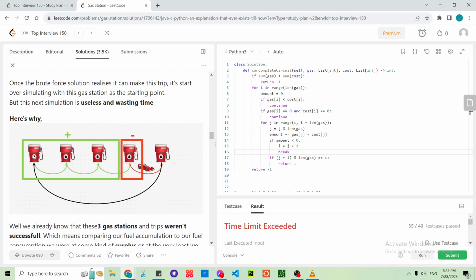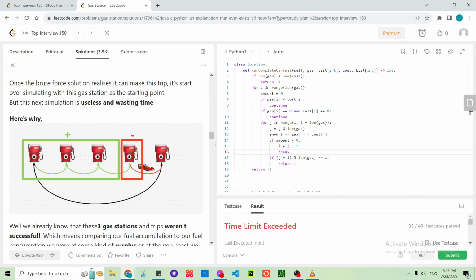Because what if one of this part becomes negative? Let's say we had positive 5 after going all the way, then we come back here. So if this to the end is positive 5, then let's say this first part is -4. So it should be able to complete the trip.